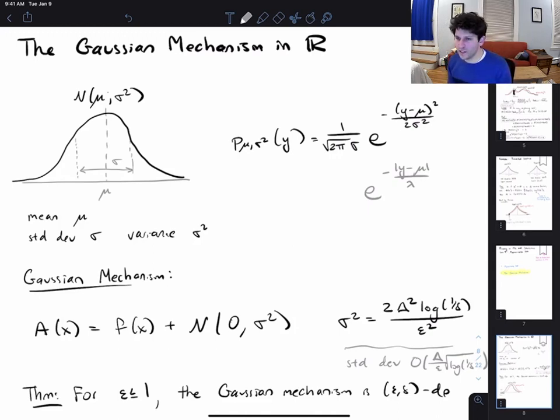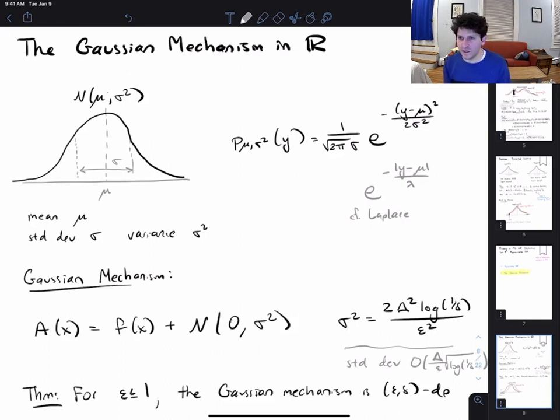The point is that the tails of the distribution drop off proportional to e to the minus distance from the mean squared. One of the reasons the Gaussian distribution is nice is precisely because the tails are thinner. So the probability of seeing very large deviations from the mean is smaller than it would be for Laplace.